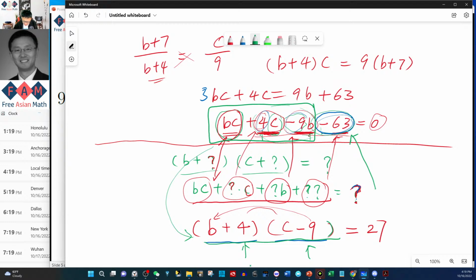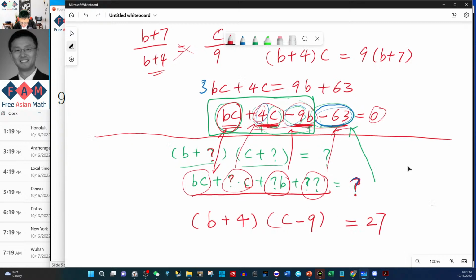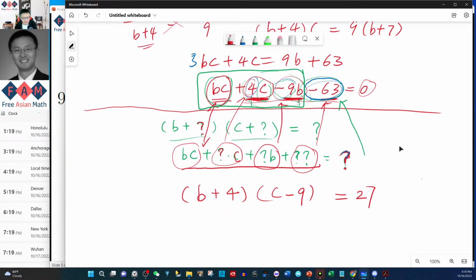Why is this important? Once you are here, you can see the nature of the problem. The nature of the problem is that we need to find integer solutions, right? So b and c must be integers. Therefore, b plus 4 and c minus 9 must remain integers.